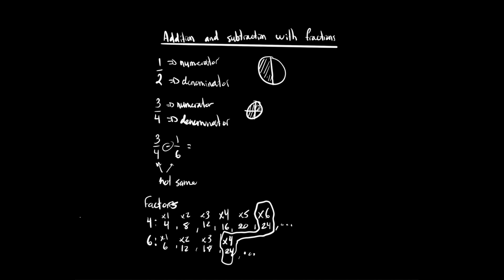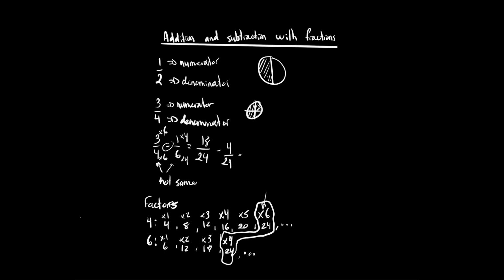So for the 3/4, we're going to multiply it by 6, right? Times 6 at the top, times 6 at the bottom, and then we're going to multiply the 1/6 by 4, so times 4 at the top and bottom. That's going to give us 3 times 6, that's 18 over 24, minus 4 over 24.